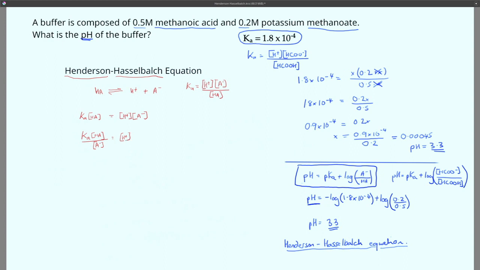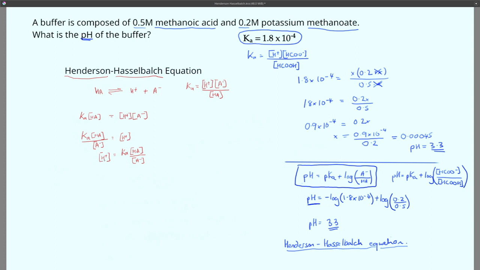Excellent. I'm just going to rearrange that so we've got the H plus on the correct side. And here I'm also going to take out the Ka so you can see exactly what we're going to do next. So that is Ka multiplied by HA over A minus. You can write it like this.